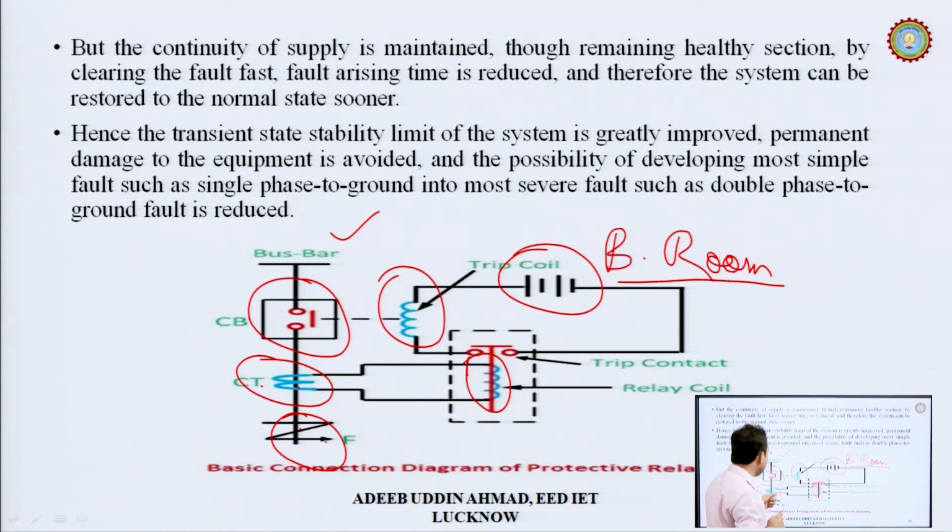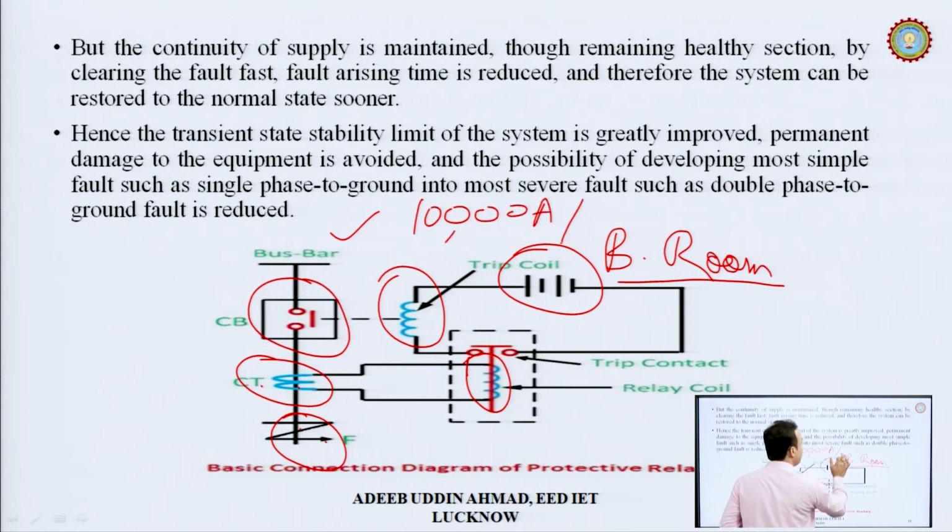This current will be sensed by the circuit breaker, and the CT secondary will give the rated current according to its ratio. Suppose the primary is having some 10,000 ampere fault current, and the secondary is having 5 ampere, the CT having ratio 10,000 by 5.